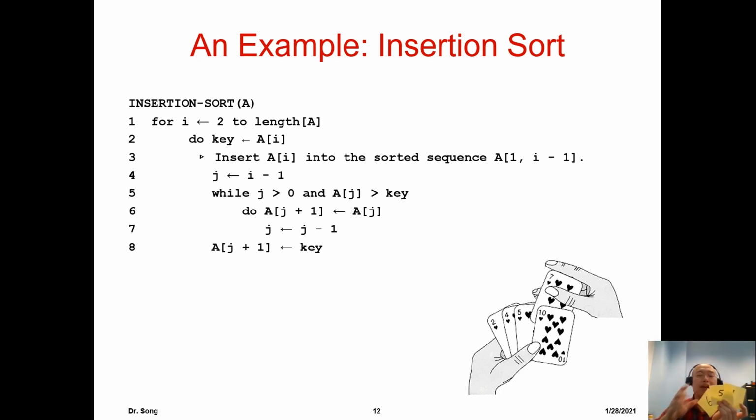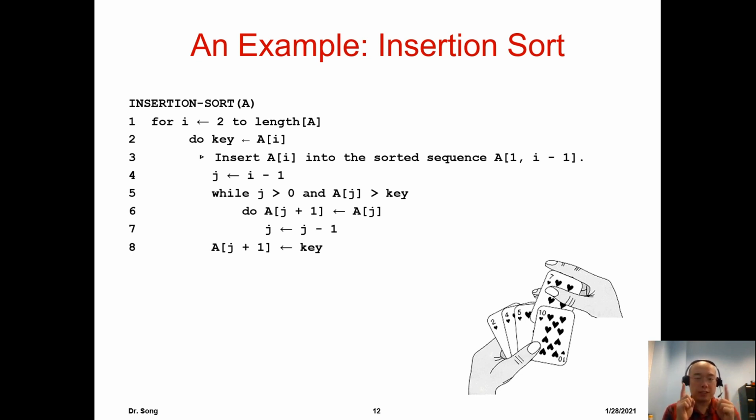So it doesn't matter the sequence, but we are using one hand to hold the sorted portion. That is the thinking of the insertion sort. We are always trying to maintain a sorted portion, and for a new value that comes, we want to insert it into the right location. That is the sorting algorithm.